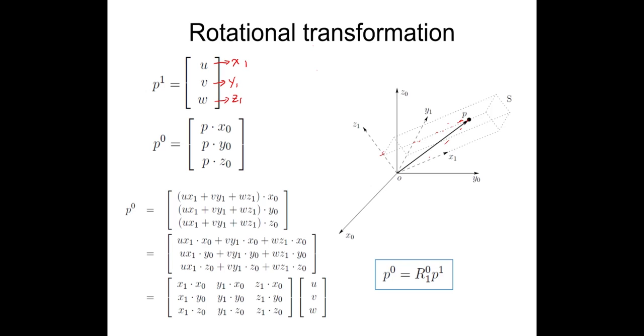Okay, so here if we want to consider the same vector in frame 0, then I will need a vector p, and p can be written as u x1 plus v y1 plus w z1. Okay, so again, what is this?